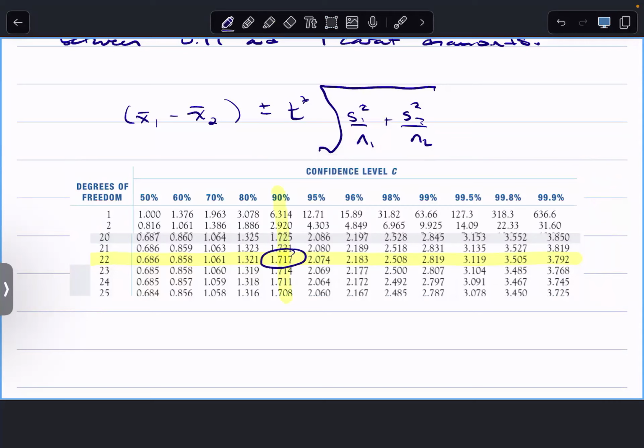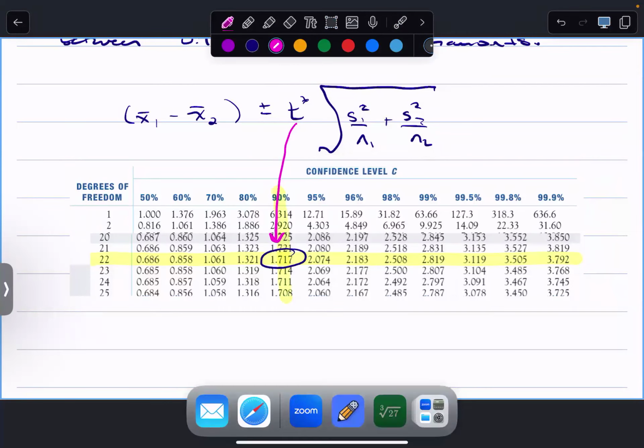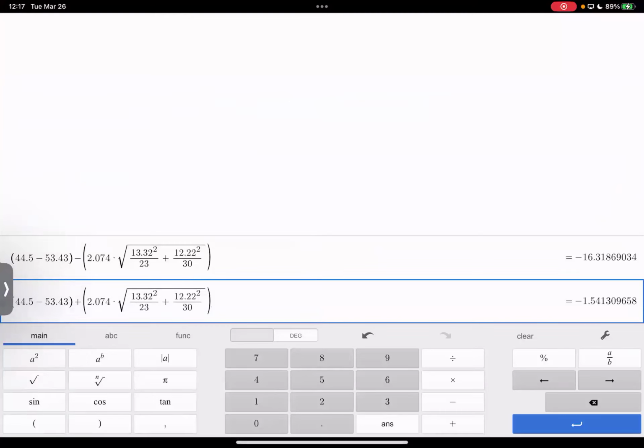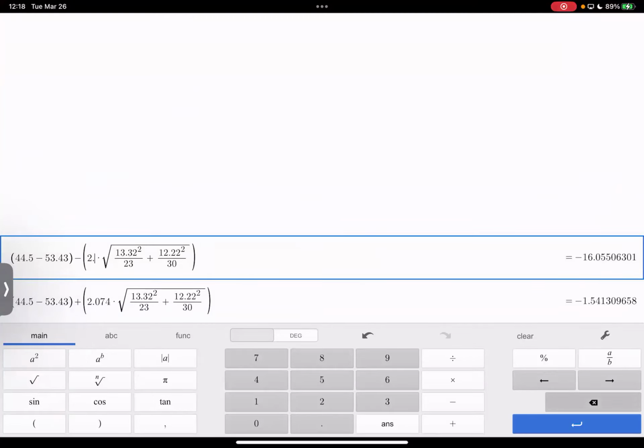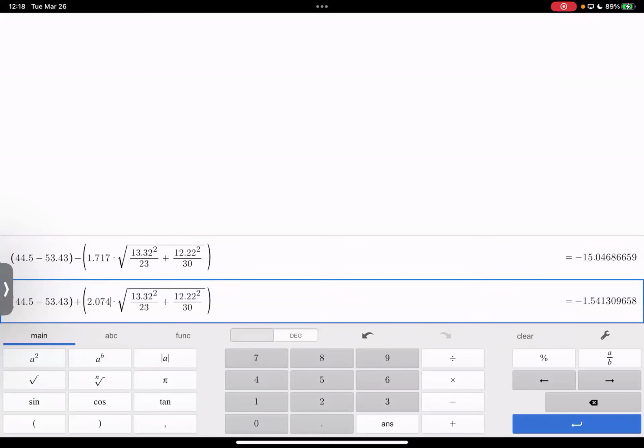And so at 22 degrees of freedom still, right? Because I already did that work and I'm running out of time. So then my t star for a 90% confidence interval is 1.717. Now I did this here, but for a 95, but let's get crazy here. Change this to 1.717.